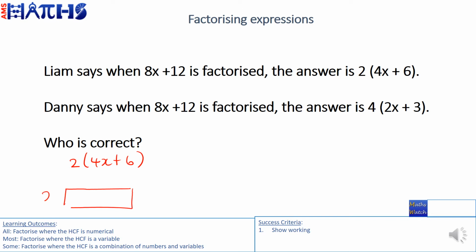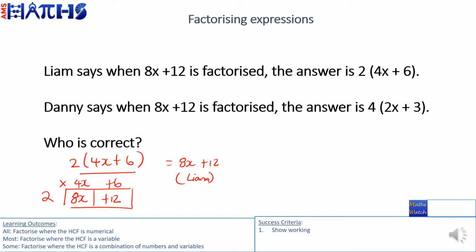So 2 goes on the outside, 4x goes on top, and 6, then we multiply. 4x times 2 is 8x, and 2 times 6 gives us positive 12. So he gets 8x plus 12. That's what Liam got. So when he factorized, he got this, which gave us 8x plus 12.